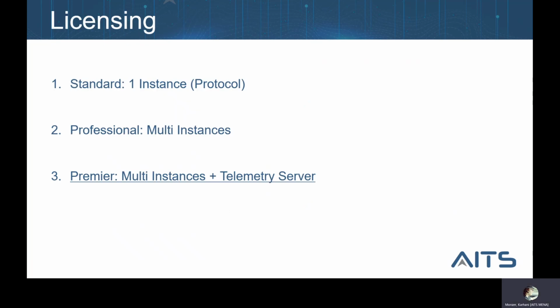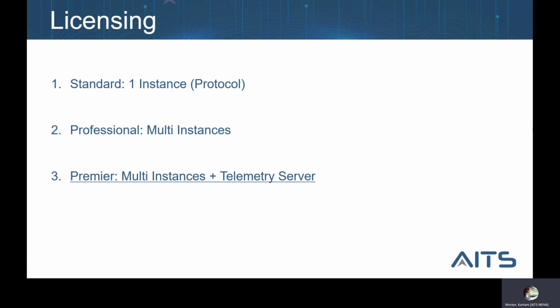Last but not least, regarding the licensing, we have 3 types of licensing: the standard, professional, and premier. Standard means I'm allowed to execute only one instance, that means only one protocol. For the professional, I have the right for multi-instances, that means different protocols.